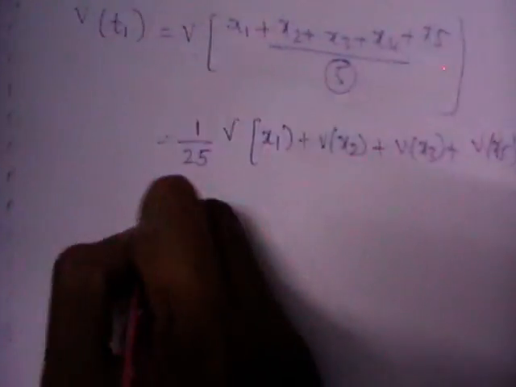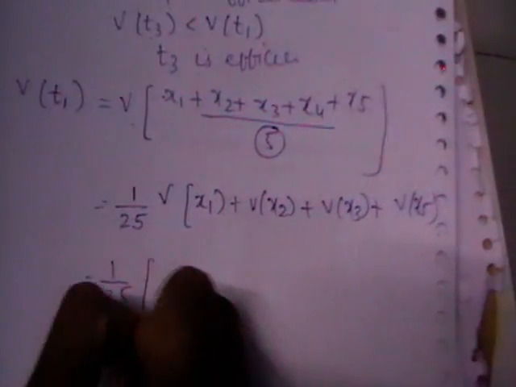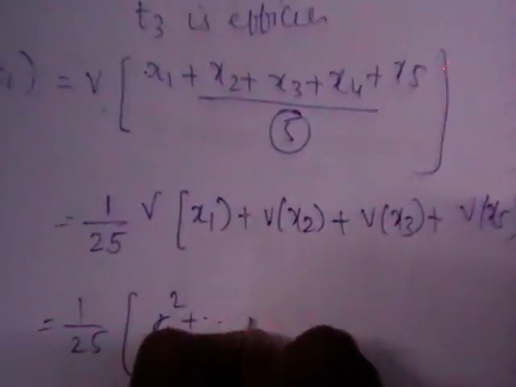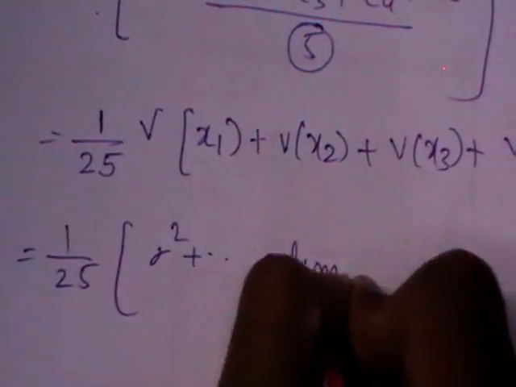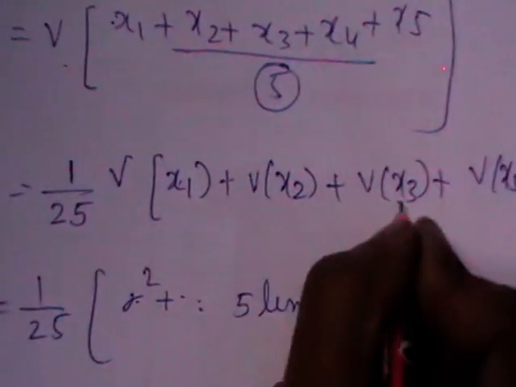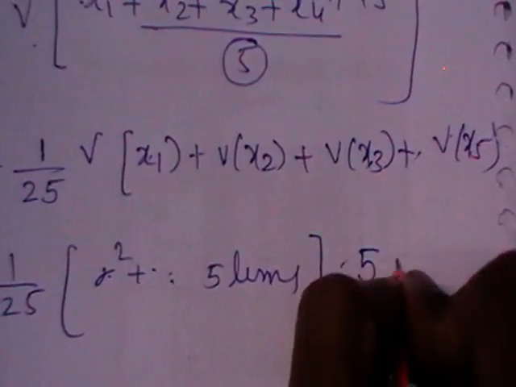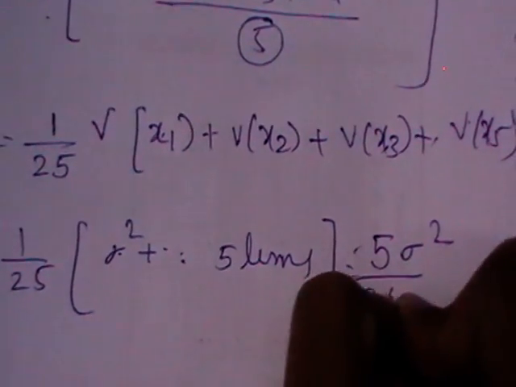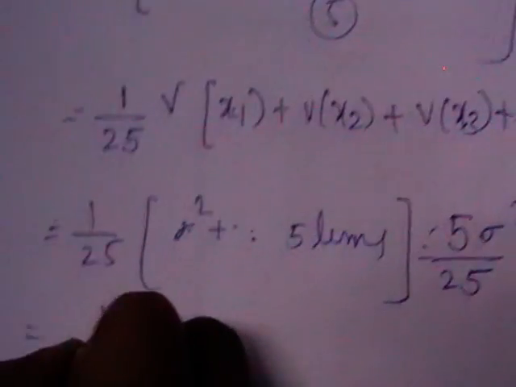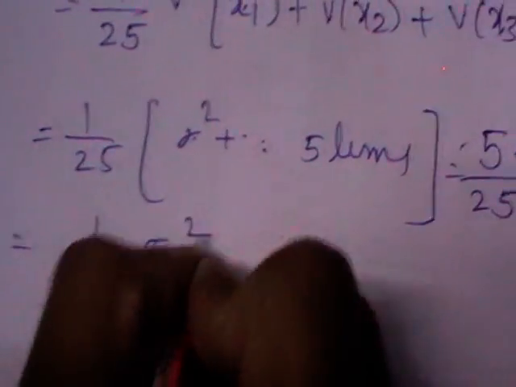What is the variance in a normal distribution? Sigma square. Sigma square, five times. You will get 5 sigma square by 25, which is nothing but 1 by 5 sigma square.